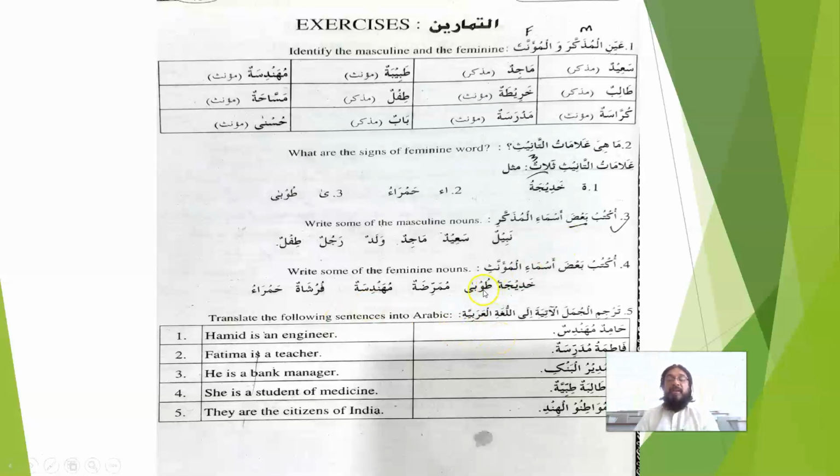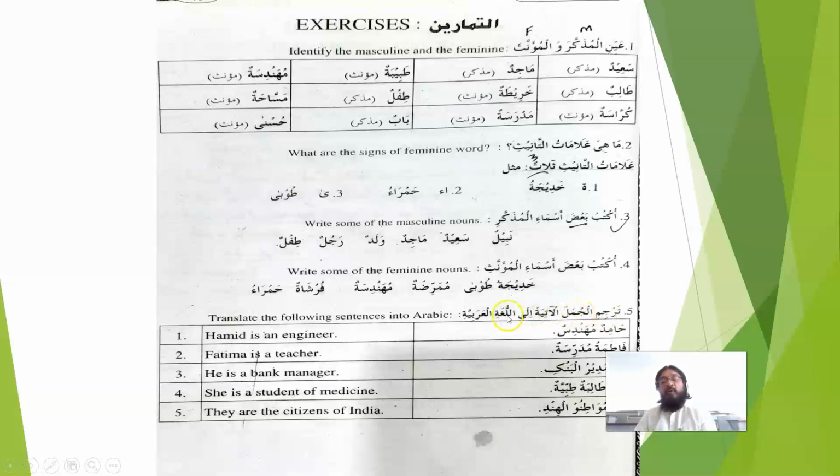Then after, in the final examination, the last bit would be asked to translate. So last bit, which is bit number 16, is for translations. The same way you will be asked as it is shown on the screen. Tarjim, translate. Al-Jumal al-Atiyah, the following sentences.